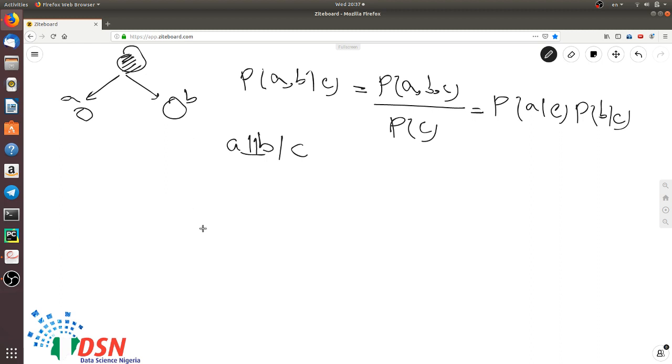Now let's see the second example. In the second example, we have this structure.